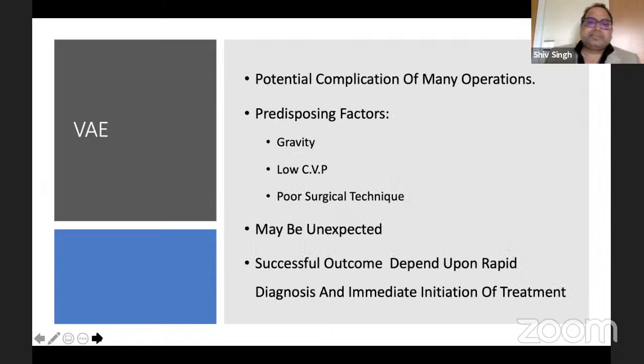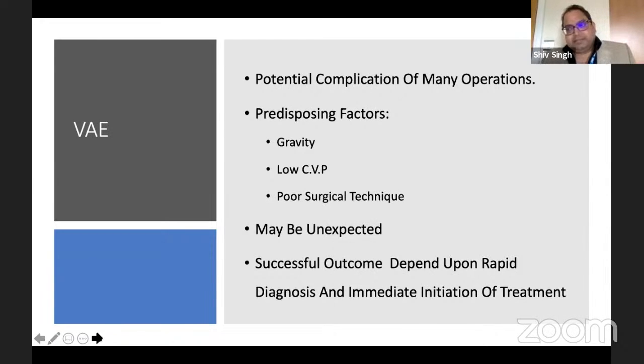Okay. So venous air embolism is a potential complication of many operations. What predisposes to this is gravity. If the patient is head up and the CVP is low, the veins are open in the neck or anywhere above the heart.